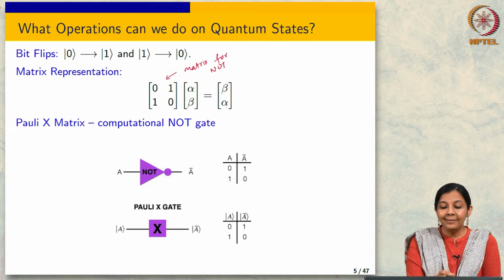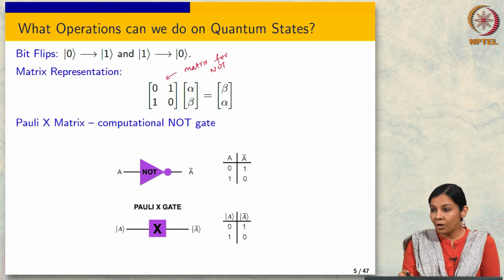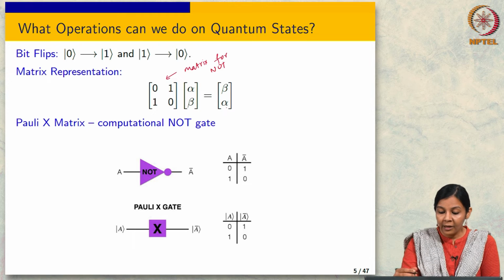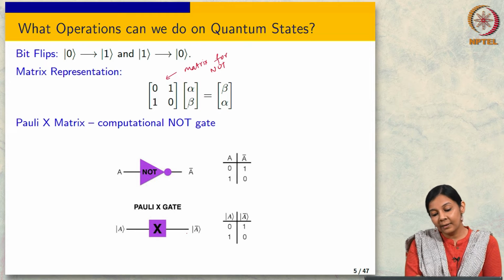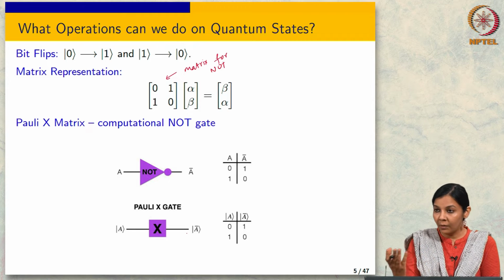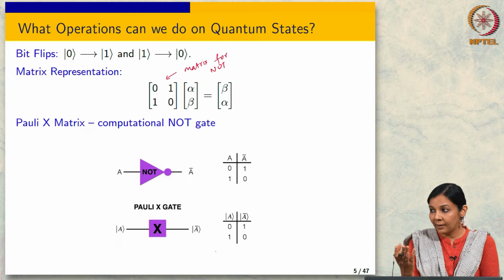This matrix is called the Pauli X matrix. So, you can see here that there is a sort of natural analog of the classical NOT gate. Classical NOT just takes 0 to 1 and 1 to 0. This does the same thing, but in the quantum setting.